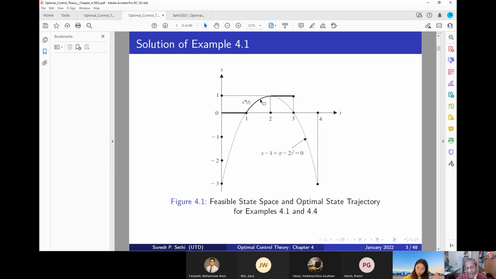But we need to maintain x. The only way to maintain x so that it doesn't go below the parabola is to control x dot. If a constraint is on u, the control variable, then we can just use the constraint to find the control that satisfies it.